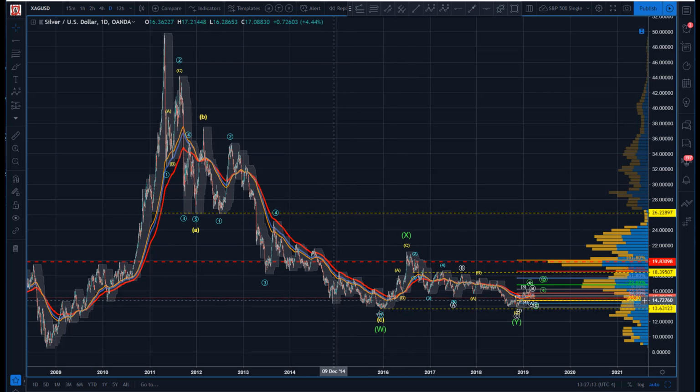There's nothing that's perfect here, but of all the alternates, I think this plays better. So I'm trading this as coming down with a diagonal, 1, 2, 3, 4, 5, into the A wave here. If you're ever curious what a quadruple bottom looks like, 1, 2, 3, 4 times.